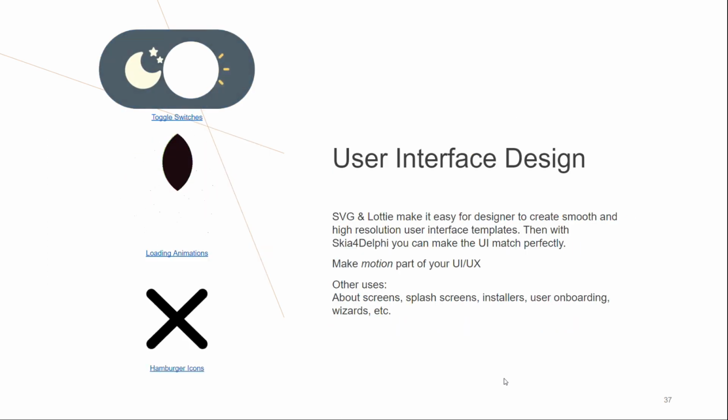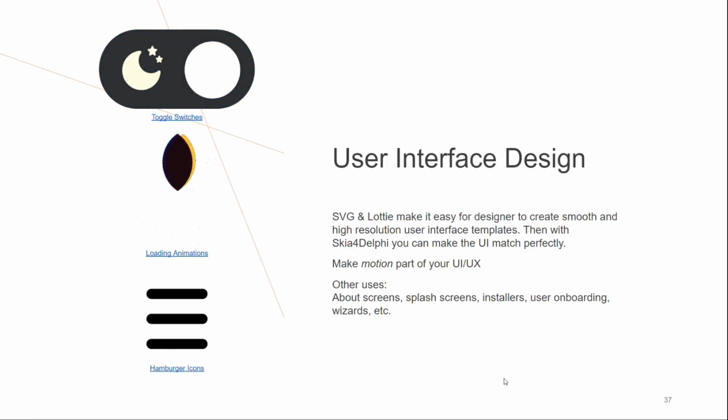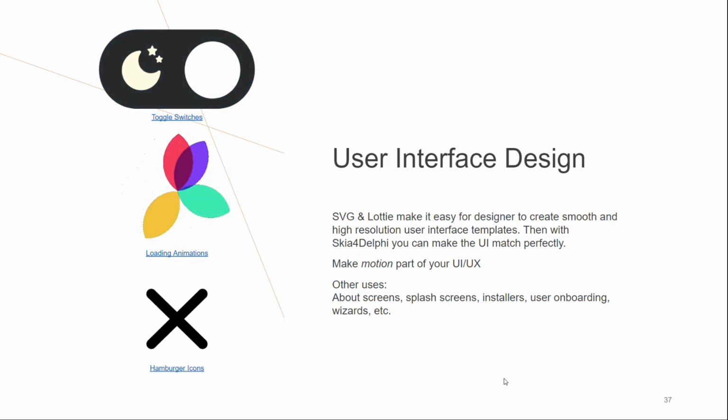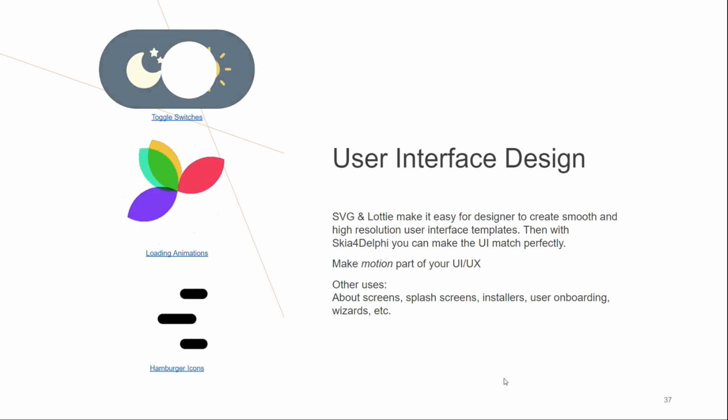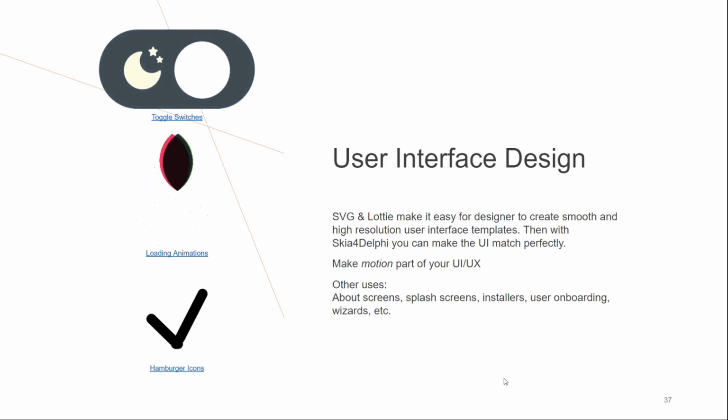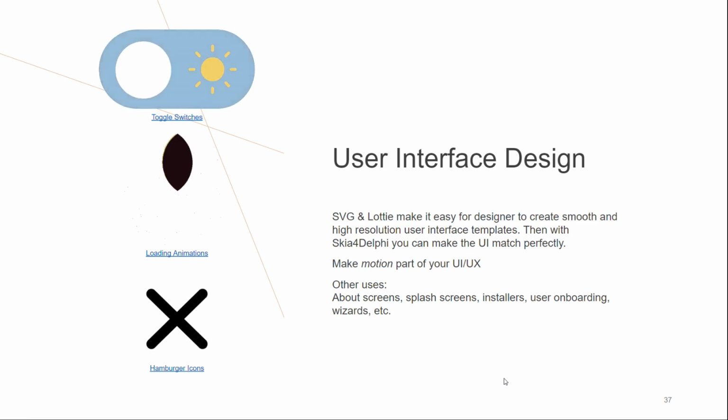So a great place, like I said, Airbnb originally designed it for user interface design. You can use it for loading animations, toggle switches, which I think is great. As you toggle a switch, it animates what it's doing, and then hamburger icons, other user interface elements. There's a lot of these available easily online. You can find all 3 of these I got from Lottie Files, which are free.